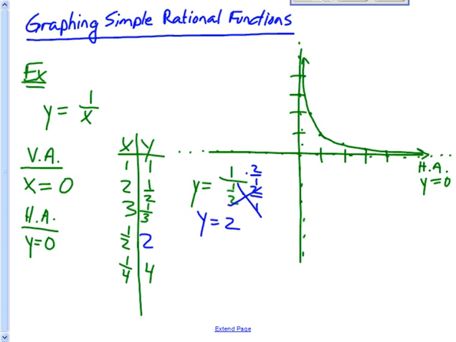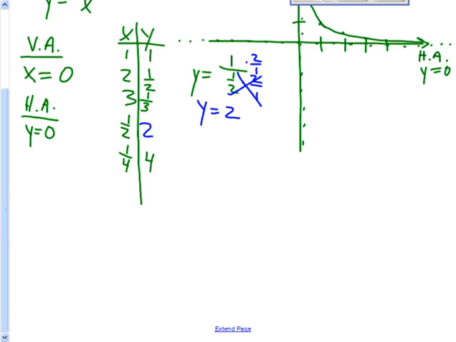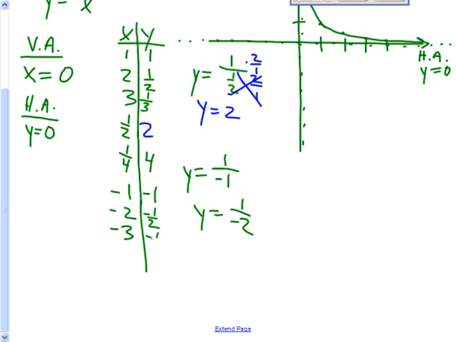So let's pick some x values to the left of that vertical asymptote. So -1, -2, -3, and so on. We plug those in. 1 over x. X is -1, so 1 over -1, -1. Now I plug in -2, so we got -1/2. 1 over -3, -1/3. Let's look at those.